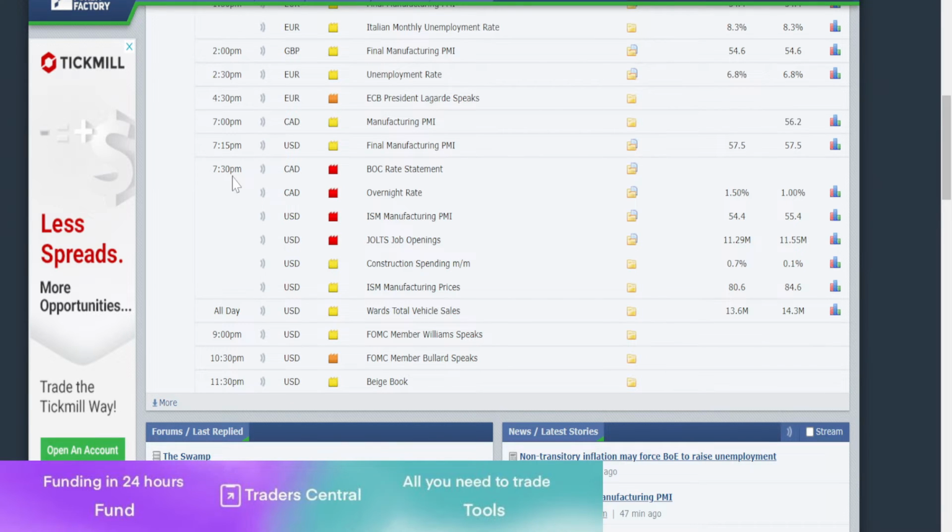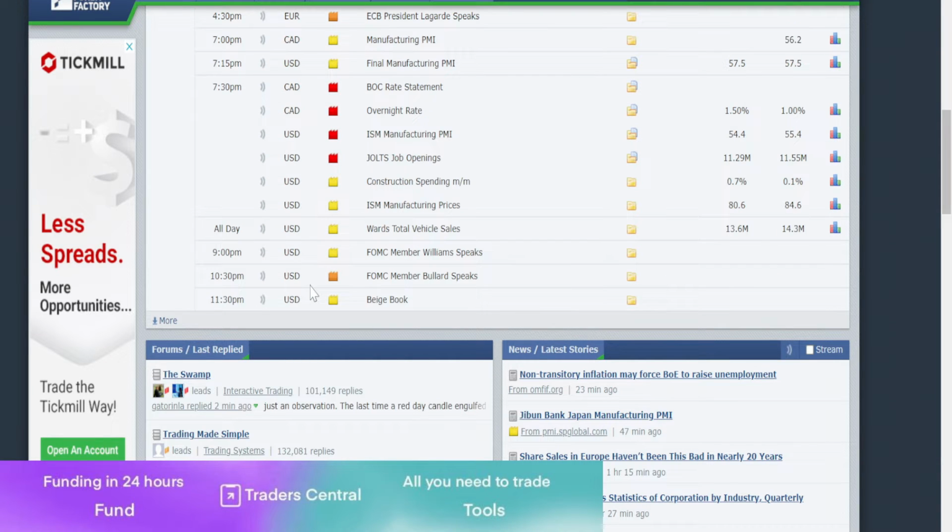Then at 7:30 PM we have high impacting news coming up for Canadian dollar, US dollar. Then at 10:30 PM we have medium impacting news planned for US dollar related currency pairs. So plan your trade entries and exit based on this economic calendar event schedules.